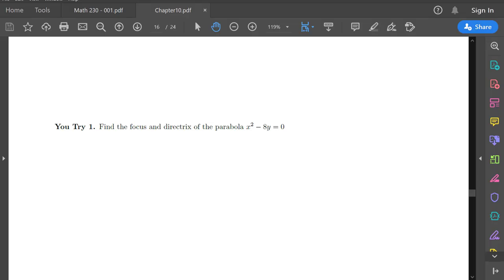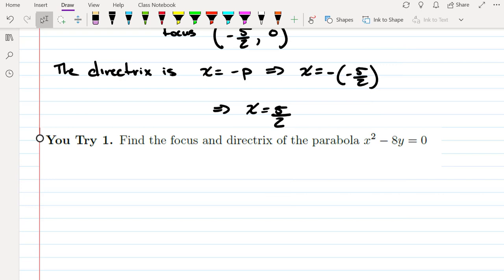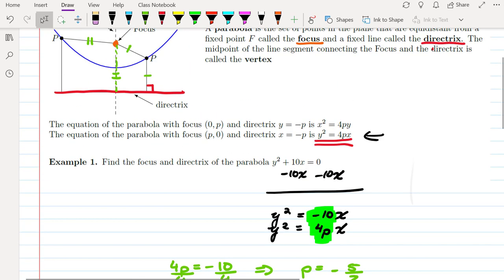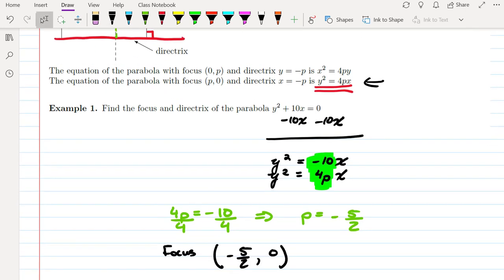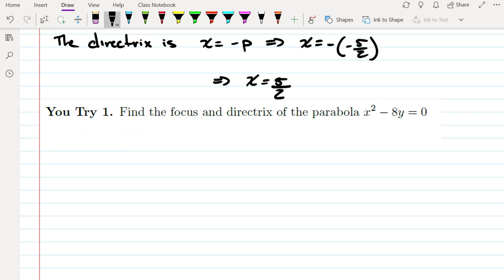This parabola is of the other form. We were using the previous one, but now we're going to have our focus at (0, p) and our directrix at y equals negative p, and our standard form is x squared equals 4py. Doing the same thing, we add 8y to both sides, and that gives us x squared equals 8y.